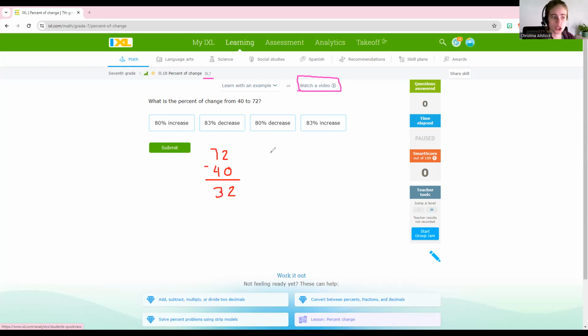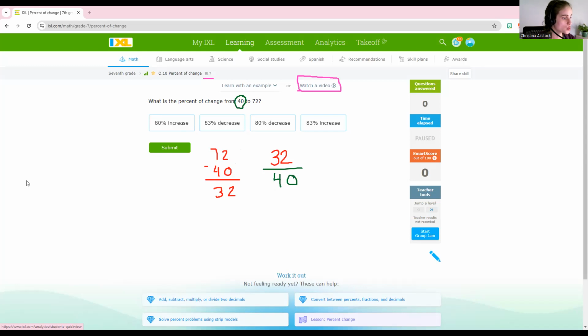So the amount that this changed is it changed by 32. And that is going to be divided by the original value. Well, when we read this, it says it went from 40 to 72. So it started at 40 and jumped up to 72, meaning that 40 is our original amount.